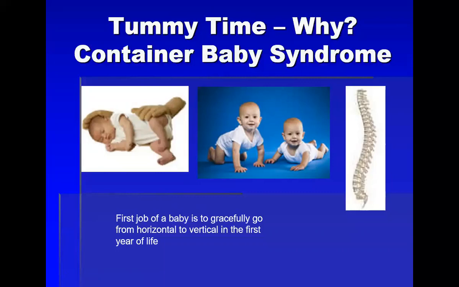What container baby syndrome is, is this new thing that has now been named. It's a problem that is now a named condition, where babies are being put into too many containers, and this is interfering with their normal neurological development.